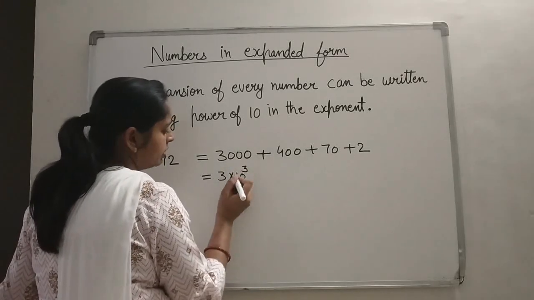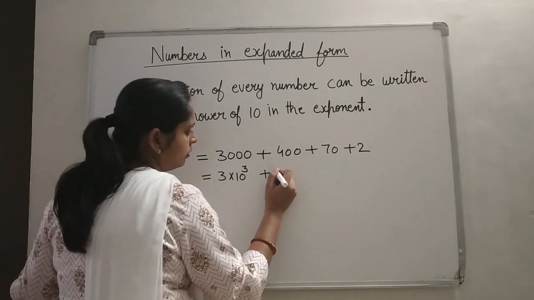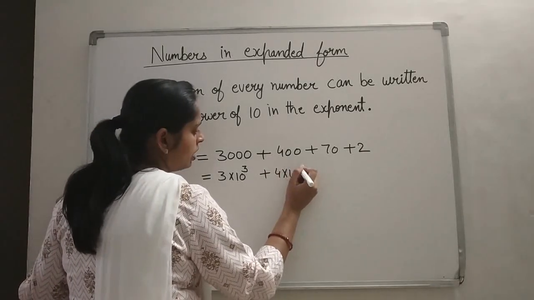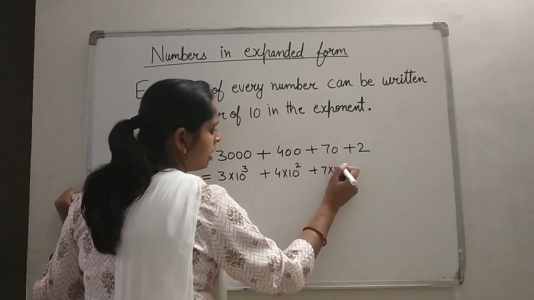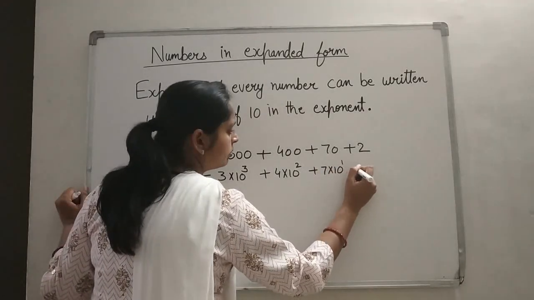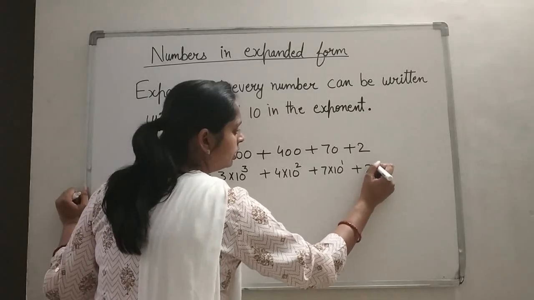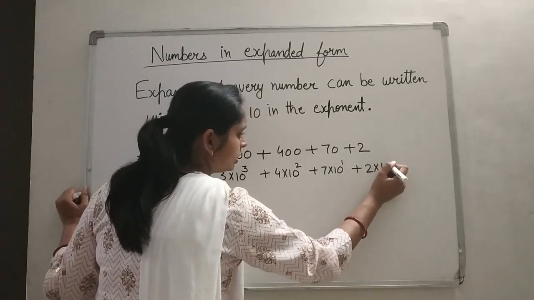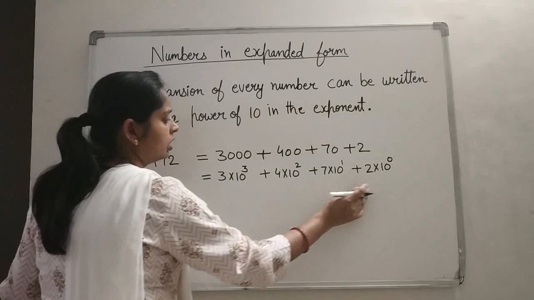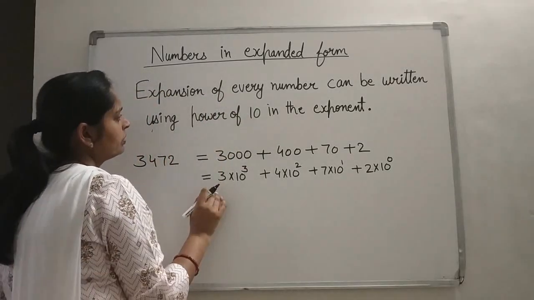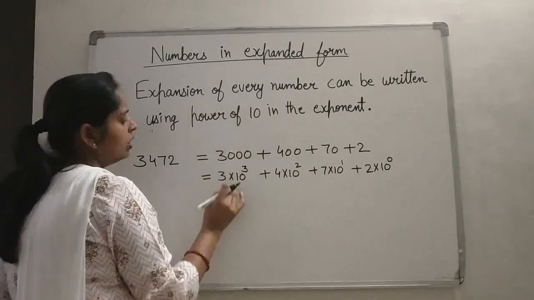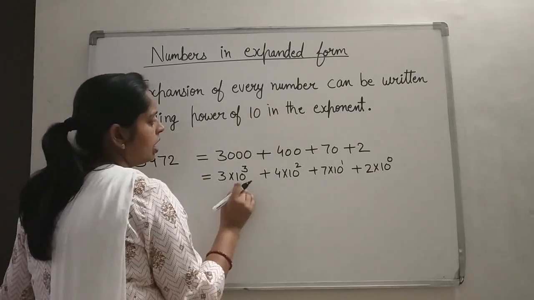So the power is 3, plus 4 into 10 to the power 2, plus 7 into 10 to the power 1, plus 2 into, if there is no 10, we can write 10 to the power 0 there. So the expansion of every number can be written using powers of 10.